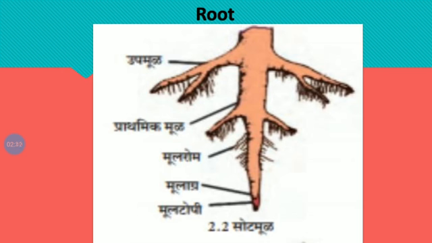keep a moistened ball of crumpled paper in a conical flask. Place some soaked moth beans or gram seeds in the flask between the paper and glass walls.